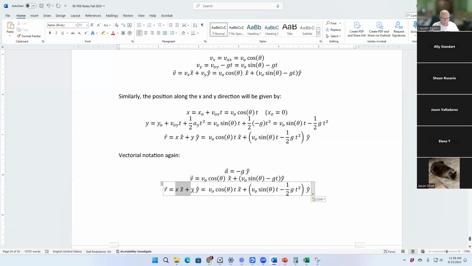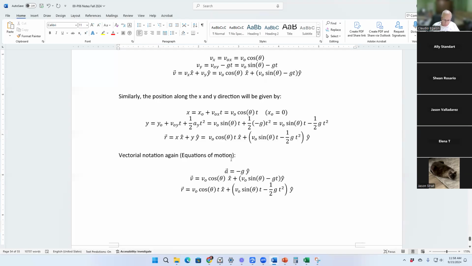Almost done, 3 more minutes to go. So here you go. Equations of motion. These equations, we call them parametric equations.